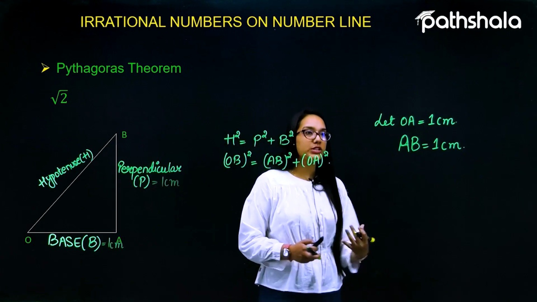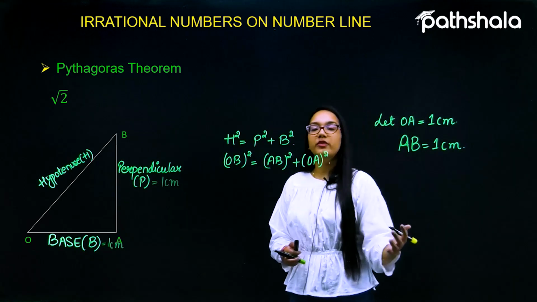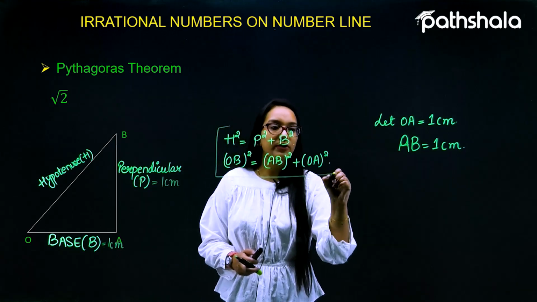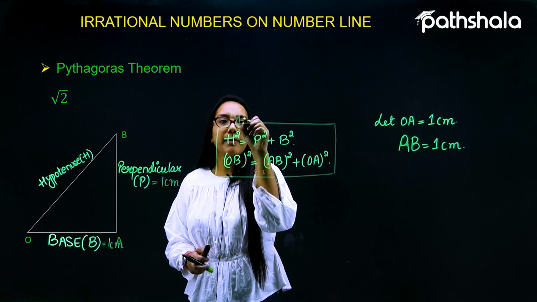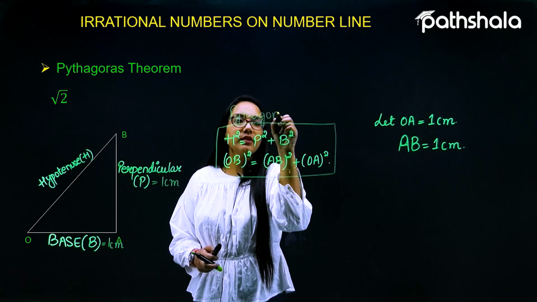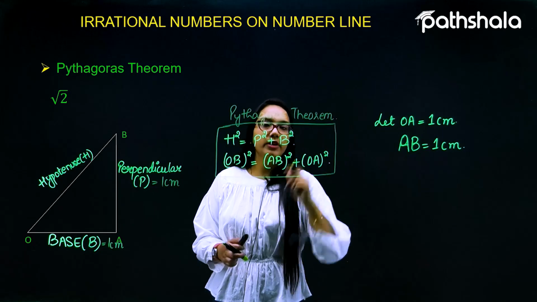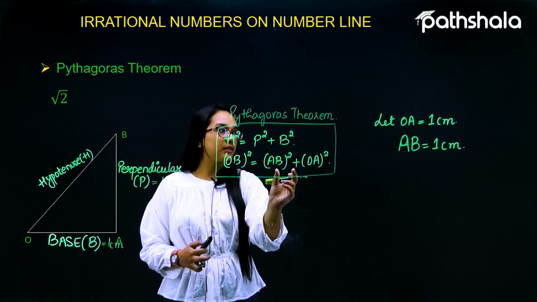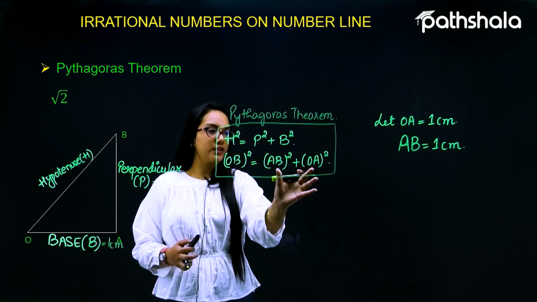So if OA is 1 centimeter and AB is 1 centimeter, then with the help of this Pythagoras theorem, we can substitute all the values of OA and AB in this particular result.